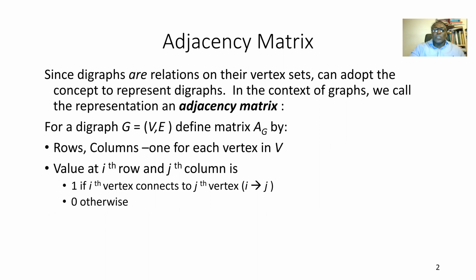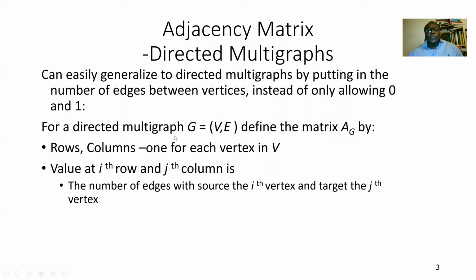A matrix is more or less like a table, consisting of rows and columns. Now, we may represent the row as i, and the column as j. This can easily generalize to directed multigraphs by putting in the number of edges between the vertices.